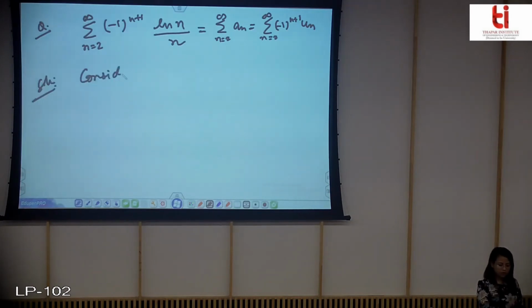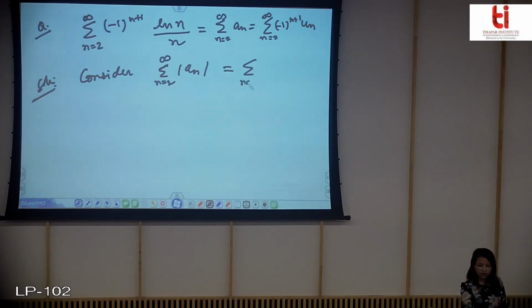If you consider mod of a_n, consider this mod of a_n, so what will be the value of this? This will be equal to the sum from 2 to infinity, and from 2 to infinity this term, all positive terms.